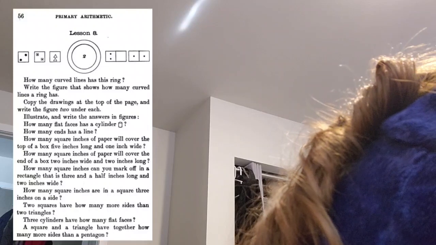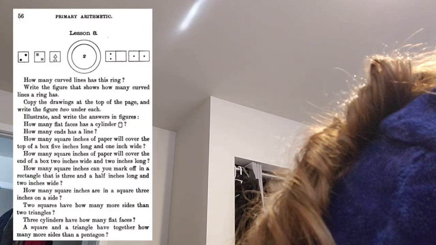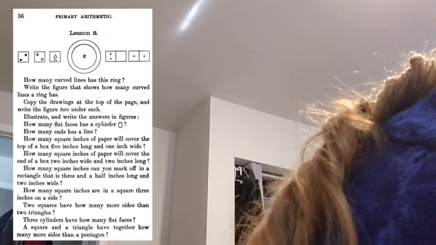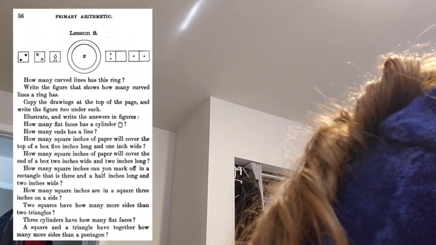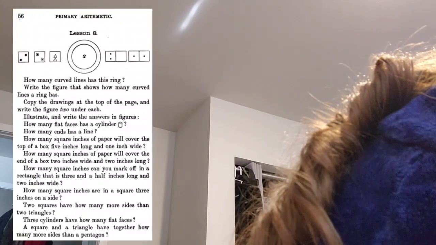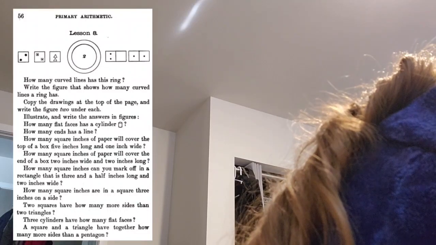How many square inches can you mark off in a rectangle that is 3 1/2 inches long and 2 inches wide?